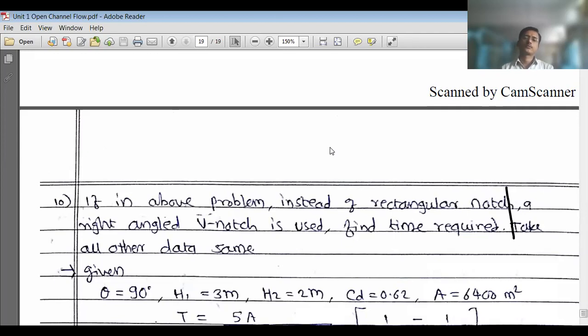Solve this. Tell the answer. Is it possible to solve it, or any difficulties there? Has anyone got the answer?